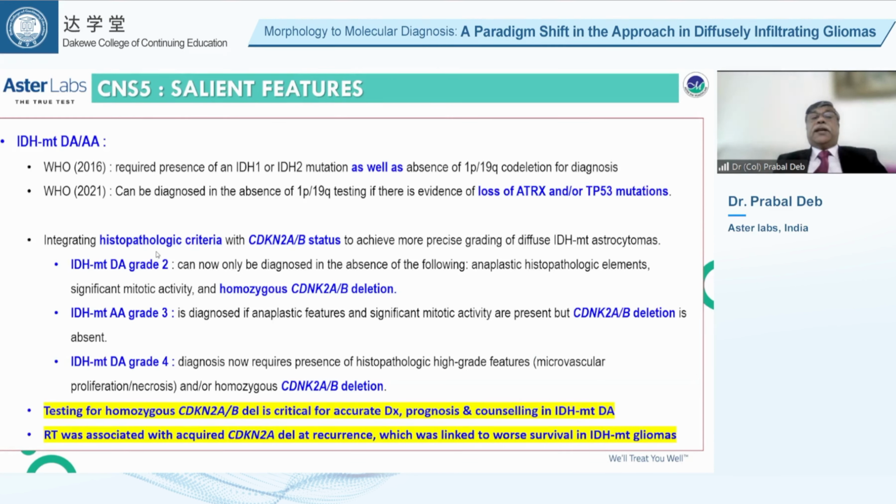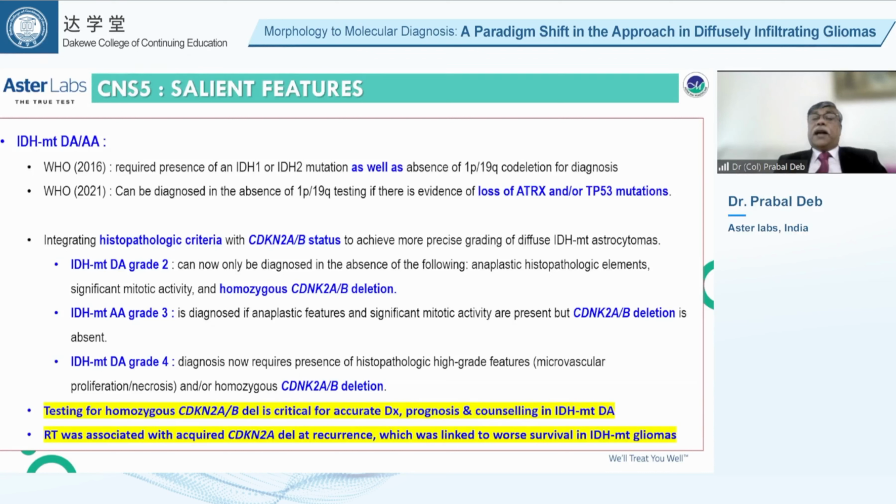There is a need to integrate histopathological criteria with CDKN2A status, because one can convincingly diagnose a tumor as IDH mutant grade 2, grade 3, or grade 4, provided there is a homozygous CDKN2A/B deletion. So testing for homozygous CDKN2A/B deletion is critical for accurate diagnosis, prognosis, and counseling in IDH mutant diffuse astrocytoma.